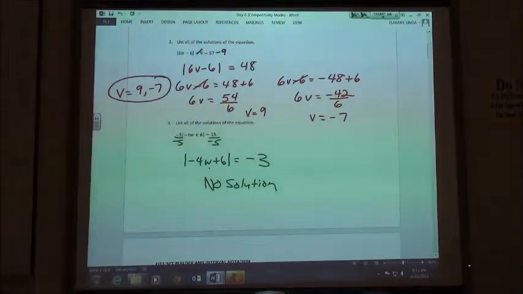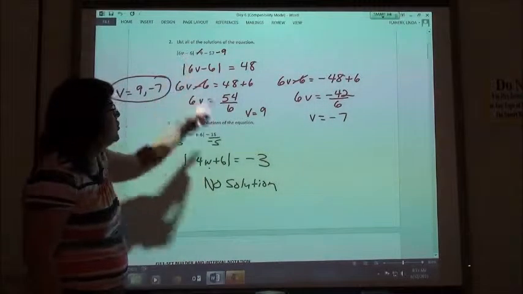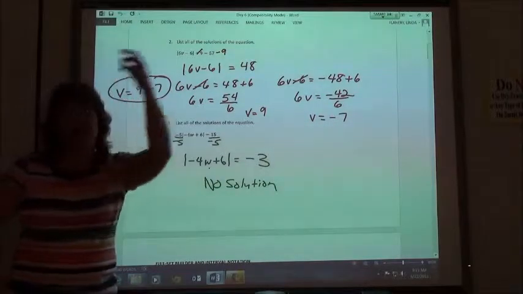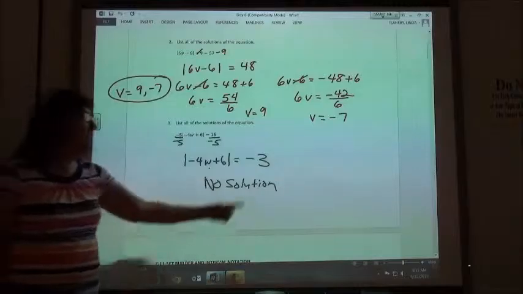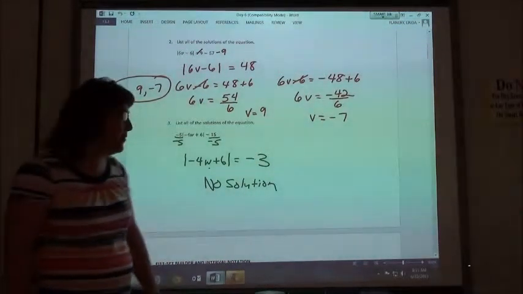Most of the time when you work with absolute values, you're going to end up with two solutions because the distance from 0 could be the positive or the negative, but sometimes we get no solution, and if this happens to be 0, we're just going to get one answer because I don't have a negative 0 to set it equal to.